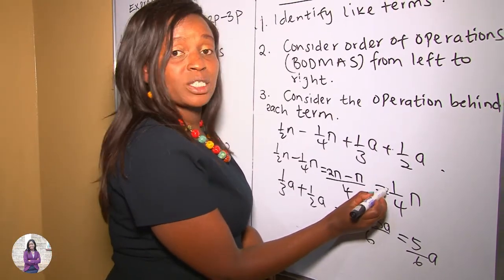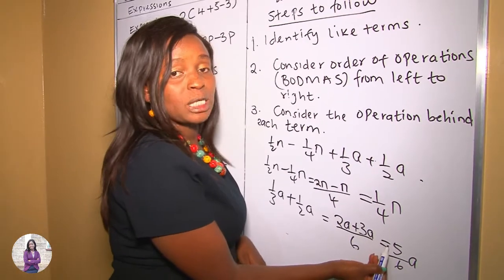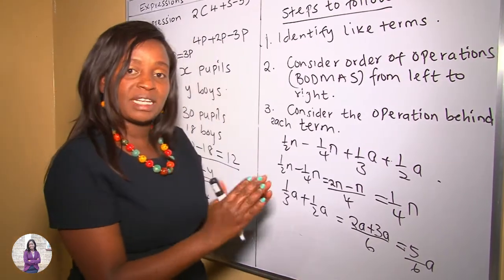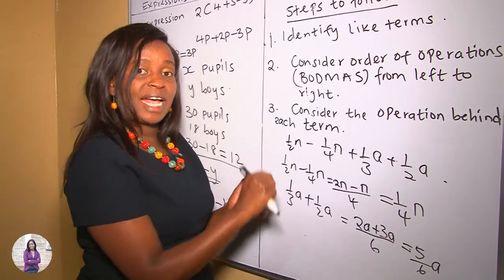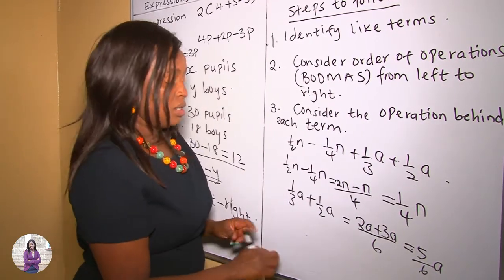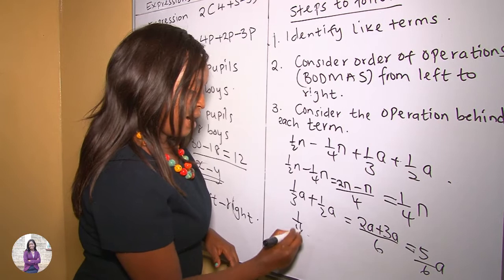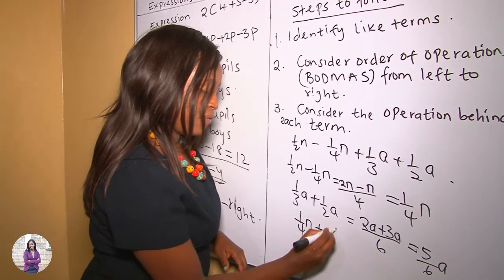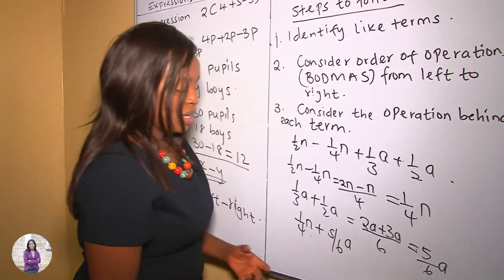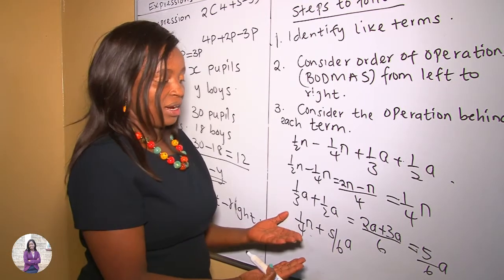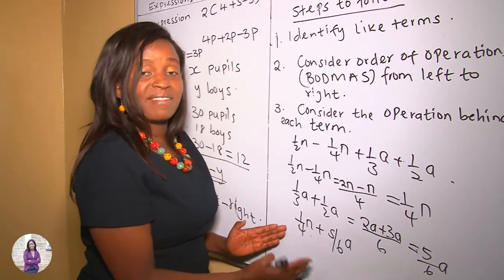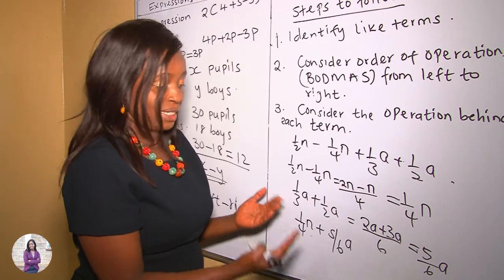The sign behind this one is positive, and the sign behind this one is positive, meaning we are putting them together using addition. Therefore, it's a quarter n plus 5/6 r. You can change the order since the sign is the same, and the answer is going to be the same.